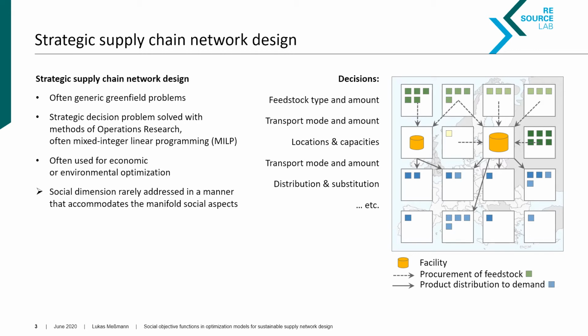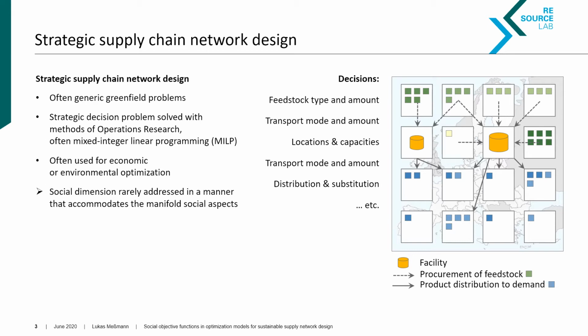For example, the revenue from selling your product, or the cost of setting up a facility, or in environmental terms, all the manifold environmental impacts along the entire supply chain, which can be, for example, retrieved by life cycle impact assessment.